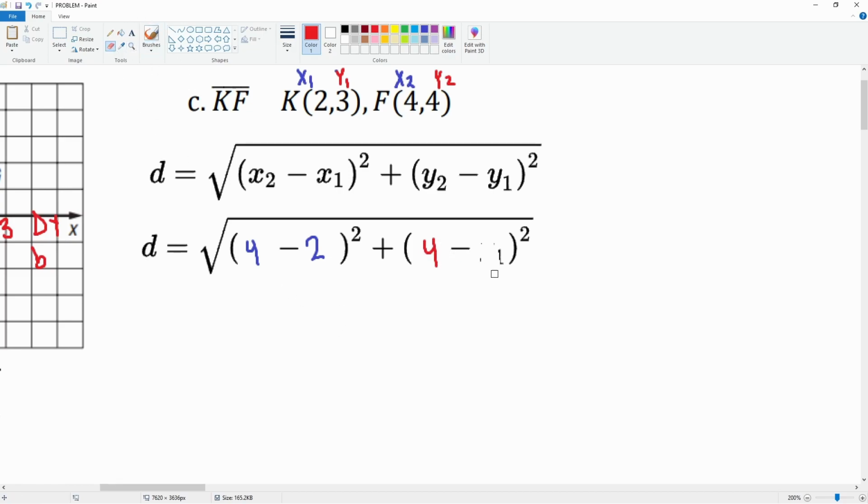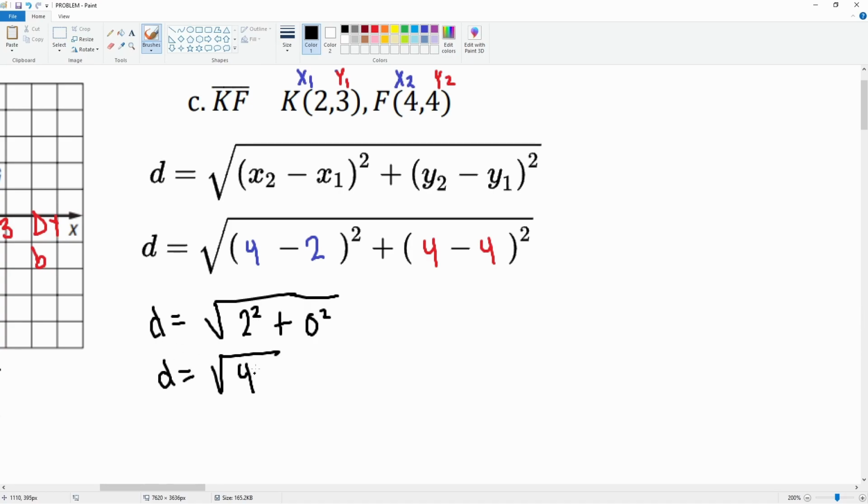And y1 is also a 4. All right, now I can do some simplifying. 4 minus 2 is 2 squared, plus 4 minus 4, which is 0 squared. Oh, d is equal to 2 squared is just 4. 0 squared, nothing happens. Okay, so d is just equal to plus and minus 2.